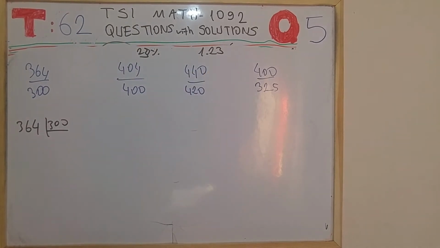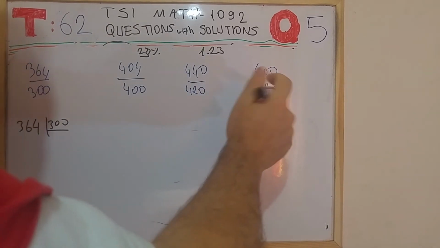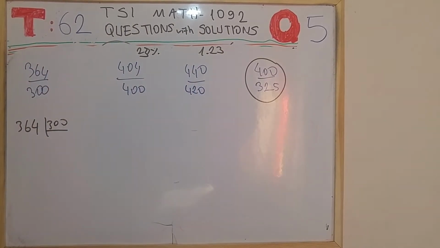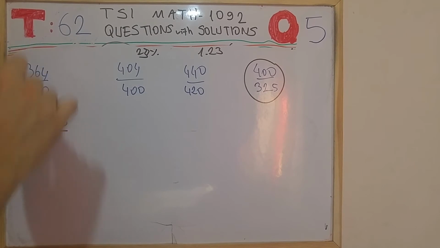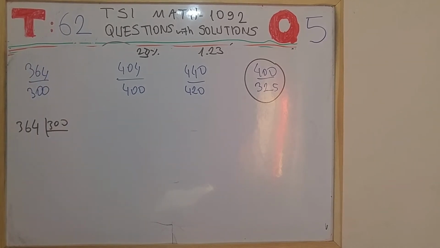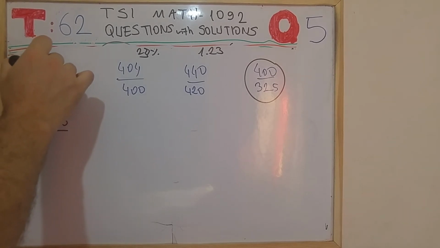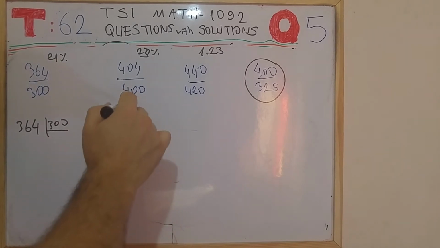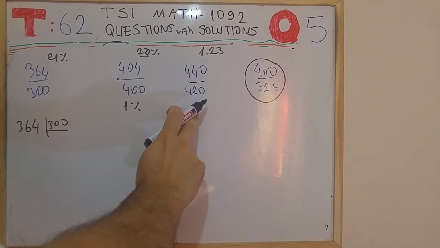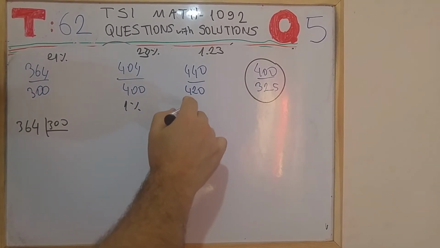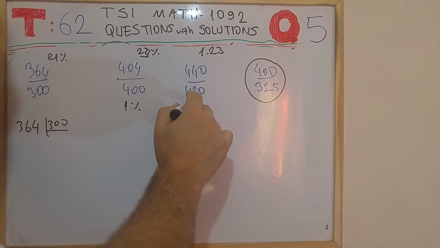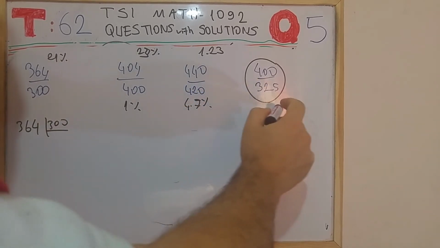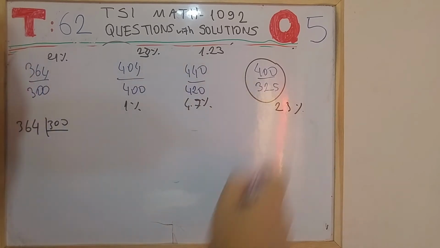You have to do the math yourself because it will be time consuming for choices. But let me give you the calculated portions so you can see your mistakes if you had really done it. This is going to be something like 21%, and the second one is nearly 1%, and the third one is going to be something like 4.7 or 5%, and this one is going to be 23%.